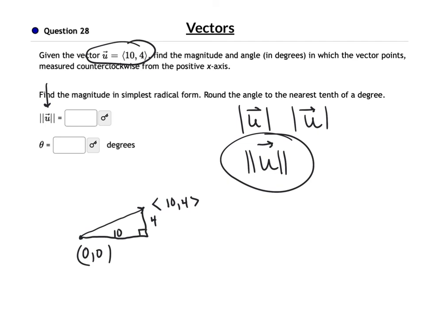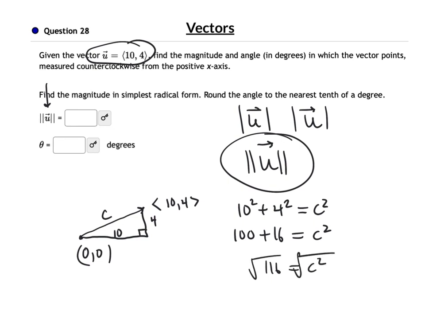And we can find the hypotenuse, the magnitude, call it c. We know that a squared plus b squared is c squared. That's 10 squared plus 4 squared equals c squared. 100 plus 16 is c squared. 116 is c squared, and we'll square root both sides, and we'll put that into the calculator.